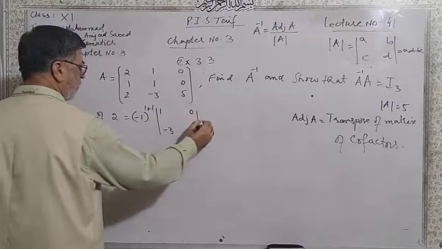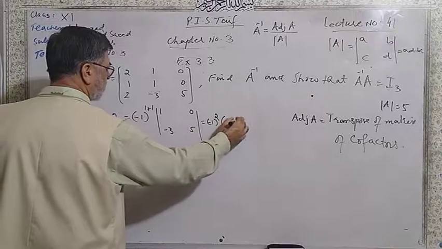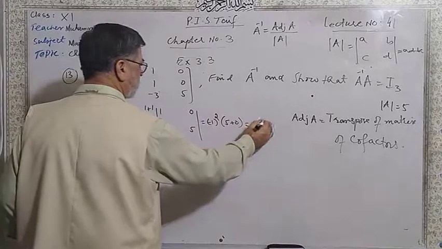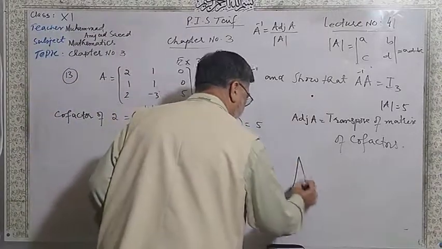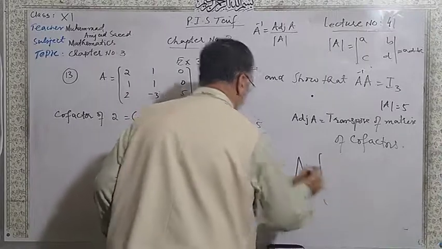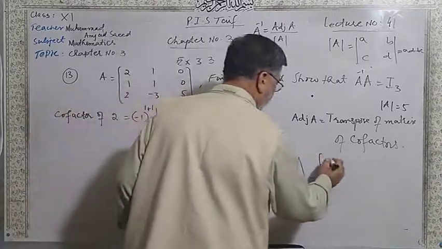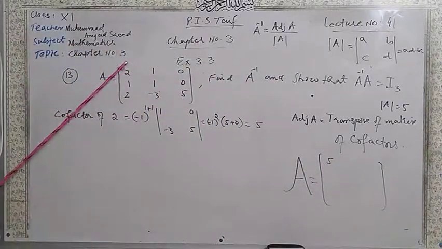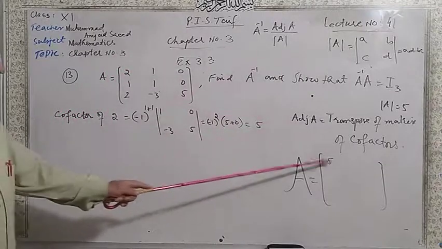That is equal to minus 1 power 2 into 5 plus 0. You know that minus 1 power 2 is 1. So this is 5. So here we will have a capital A, and the cofactor of 2 is 5. In place of 2, the cofactor of 2 is 5, you will write down here.